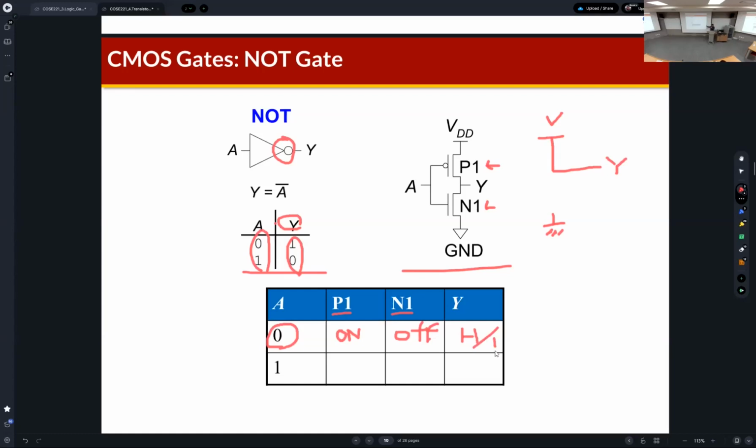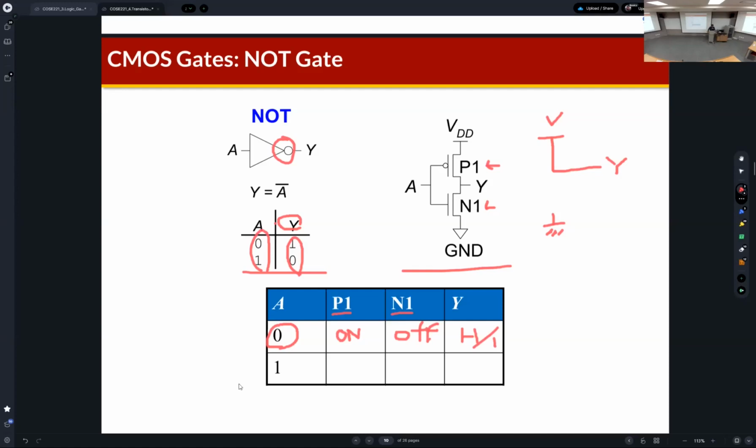Easy, right? Based on the basic switch-like operation of the transistor, we can build the basic gate like this. By combining PMOS and NMOS transistors, if A is 0, then the output becomes 1.